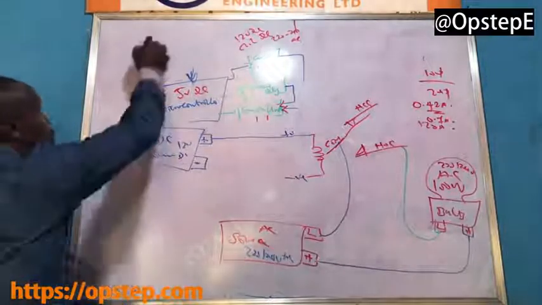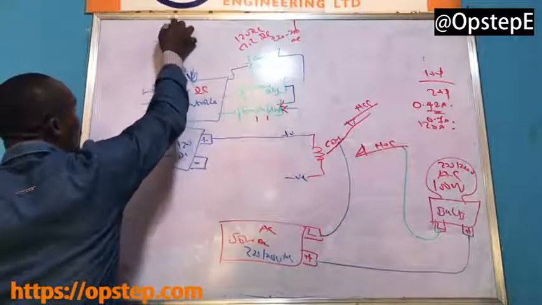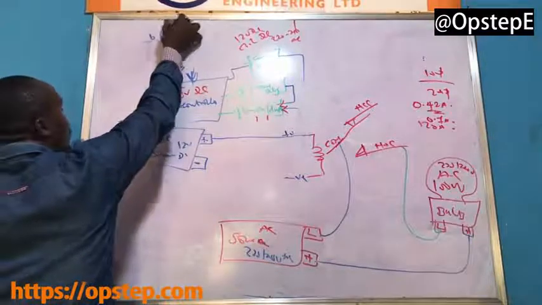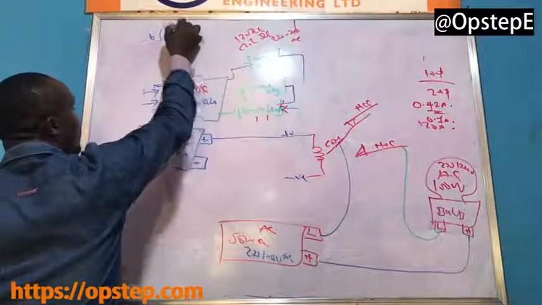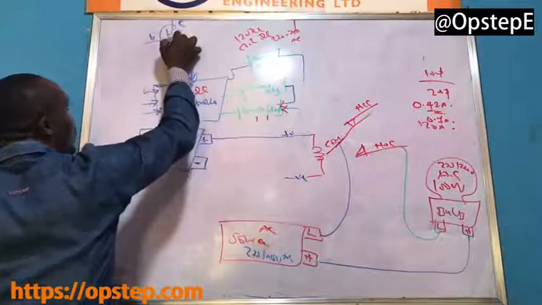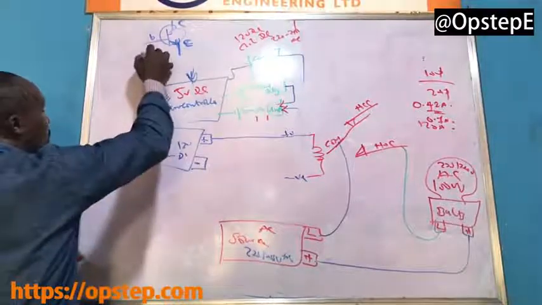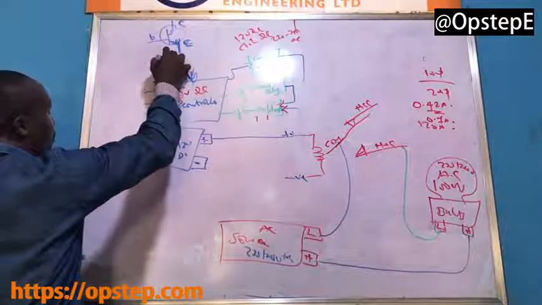You find a transistor looking thus. You have the base, the collector, and the emitter. This is E. This is C. This will be an NPN transistor.